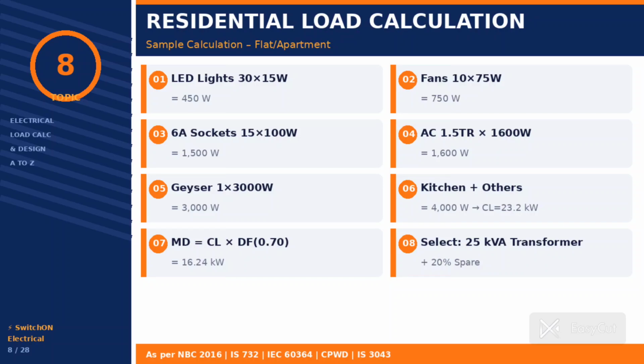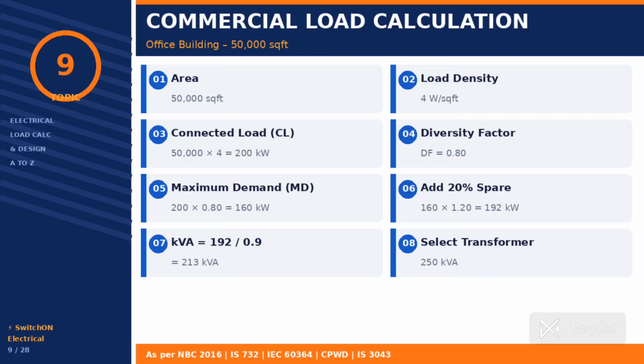geyser, kitchen and other equipments. So you will get all the connected load right here. Then convert that into maximum demand by applying diversity factor of 0.7. That 0.7 value also I have already explained in previous videos.